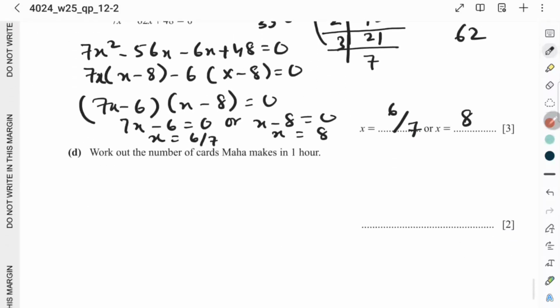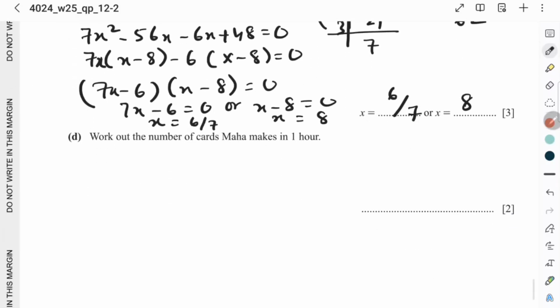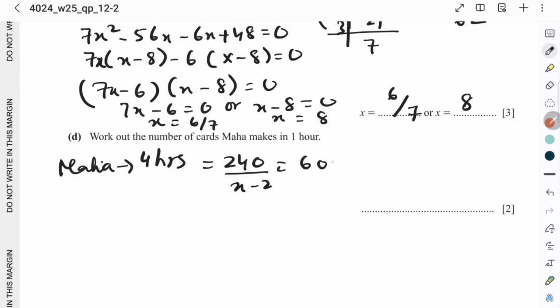Work out the number of cards Maha makes in 1 hour. For 4 hours, Maha was making 240 upon x − 2. That is 60 times 4 upon x − 2. For 4 hours it is 240. So in 1 hour it will become 60 upon x − 2.